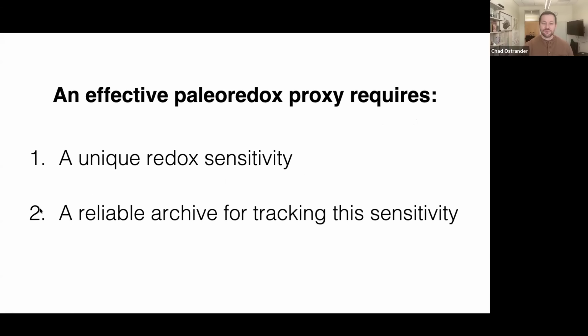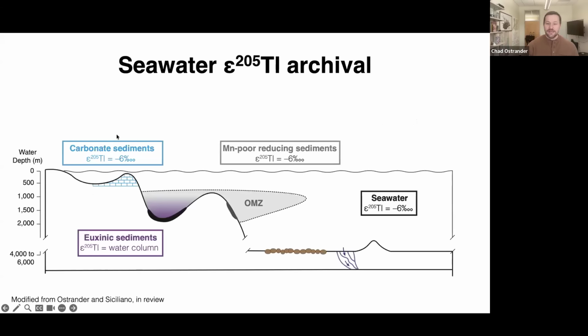What archives capture the seawater thallium isotope composition and allow us to reconstruct these values in the past? So we've been focusing most of our efforts to this point on reducing sediments, so shales formed under reducing conditions. We can find that out independently with things like iron speciation or trace metal distributions, among other things. If our shales or carbonates were formed under reducing conditions, based on what we see in modern equivalents, they should capture the seawater value.